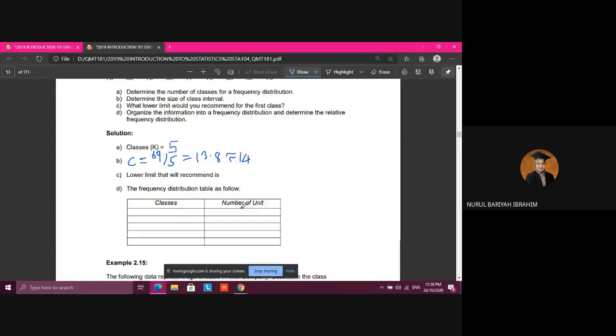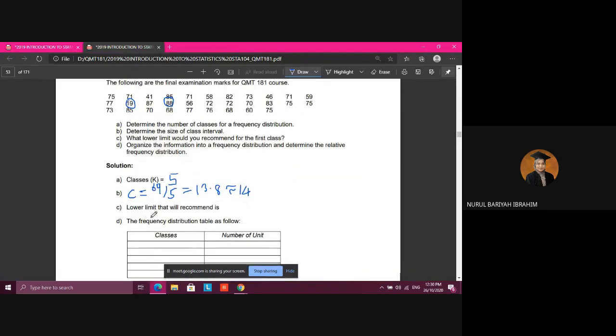So let's say here our lowest value is 19. So our lower limit for the first class can be either 19 or 18. Okay, let's say we take this lower limit as 19.